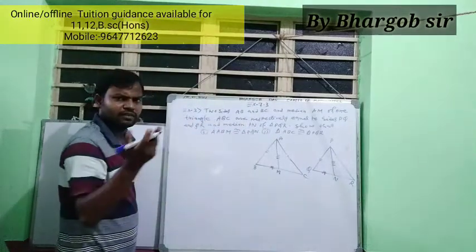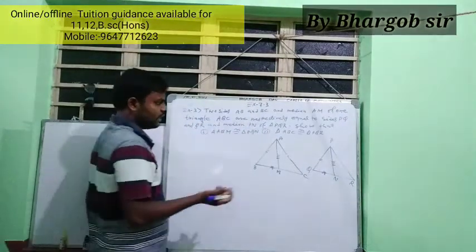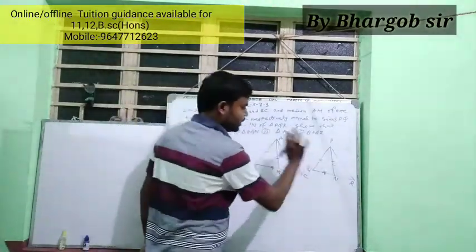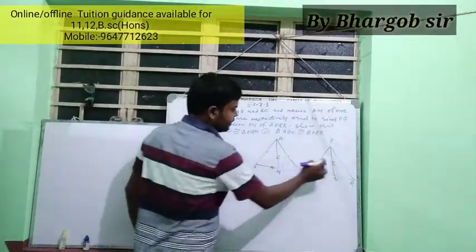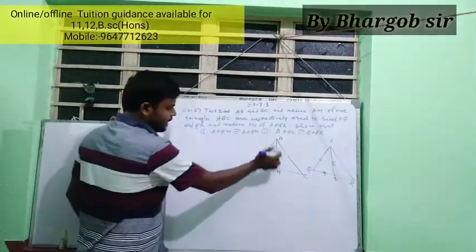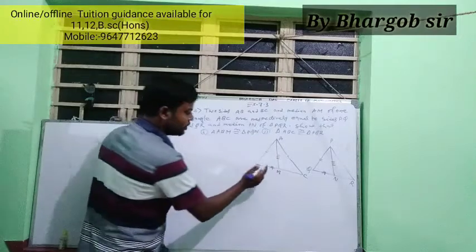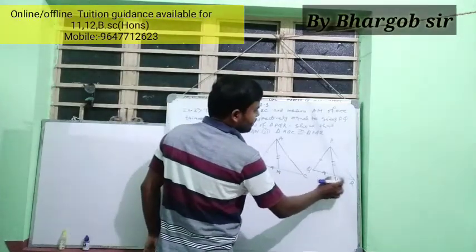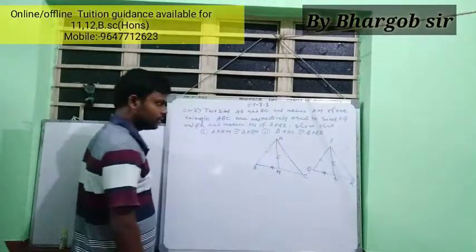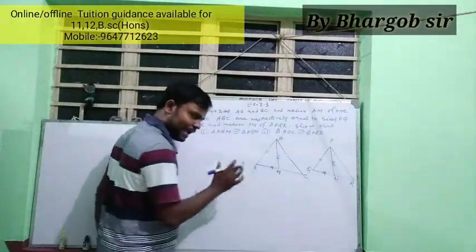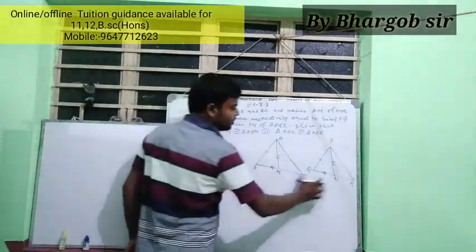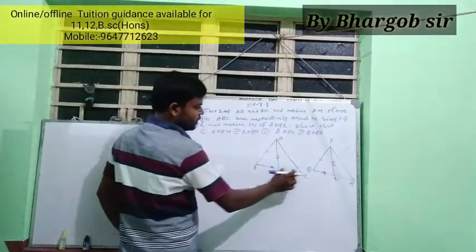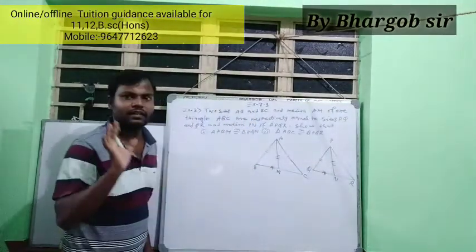We can say easily, this side and this side are equal, this side and this side are equal, and AM is the median. So BM equal to MC and QN equal to NR. Since BC equal to QR, BM equal to QN, we can write here.